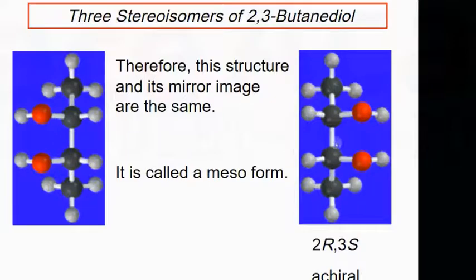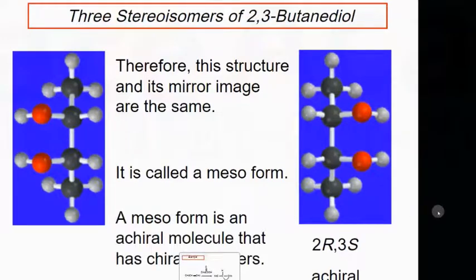If you put a mirror on the middle carbon, it gives the mirror image. So a meso form is an achiral molecule that has chirality centers.